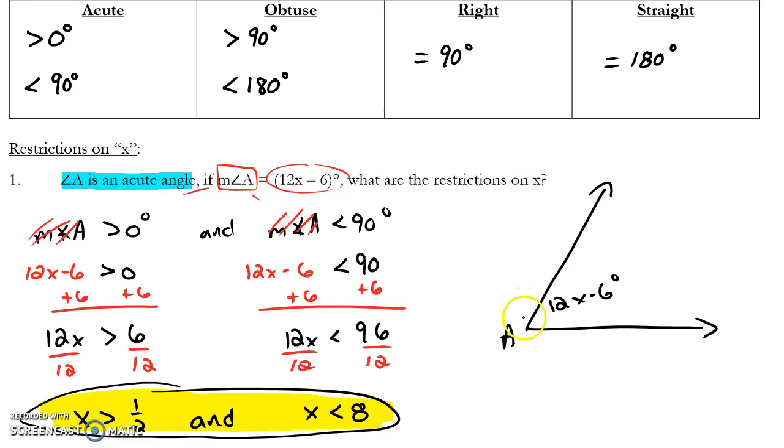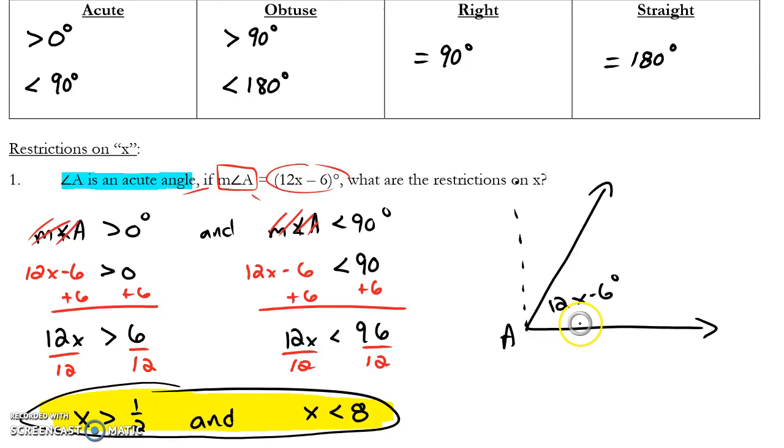So I need to figure out what value of x would put this ray somewhere here. Okay? This would make it 90. So my ray has to be somewhere in between here. So if I substitute 1/2 into here, I get 0. That's why x has to be bigger than 1/2.